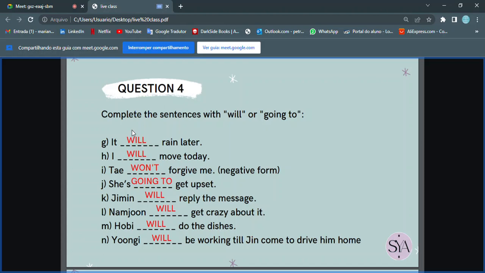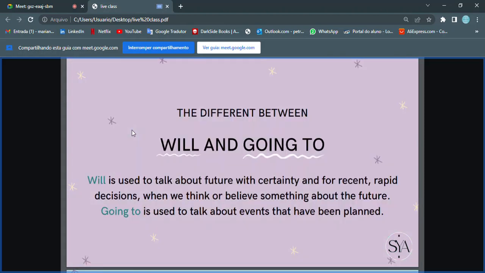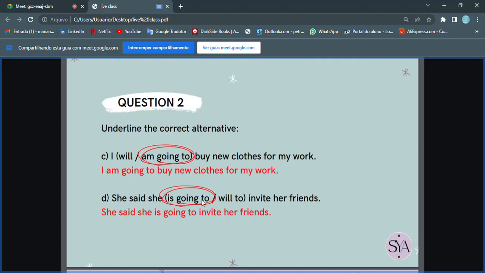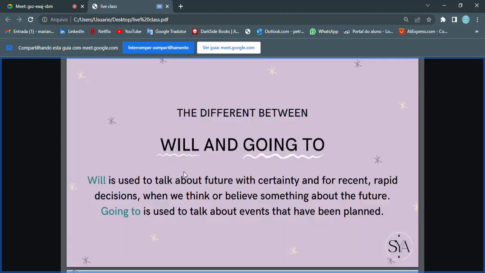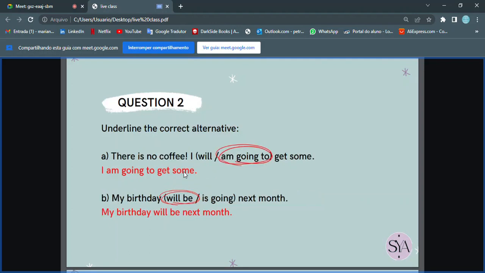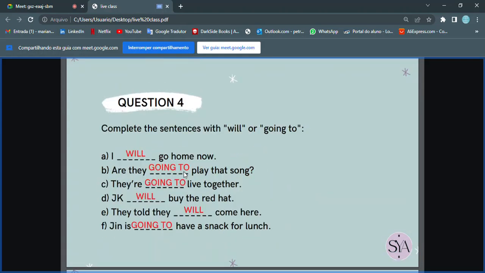But in this case, you have the to be verb to choose, right? So you can't use this, I don't know the word in English, macete. So vocês não podem usar esse macete nessa questão 2, por exemplo. But you guys could use it on this question.